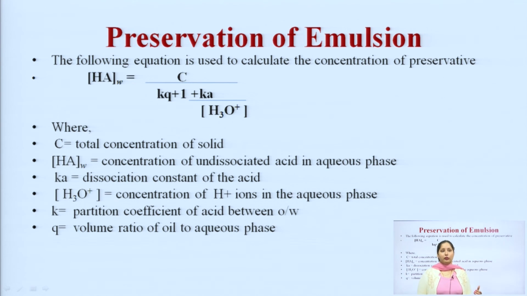So, the equation used to calculate the concentration of the preservative is [HA]w = C / (KQ + 1 + Ka/[H3O+]), where C is the total concentration of solute, [HA]w is the concentration of undissociated acid in the aqueous phase, [H3O+] is the concentration of H+ ion in the aqueous phase, K is the partition coefficient of the acid between the oil and the water phase, and Q is the volume ratio of oil to aqueous phase.